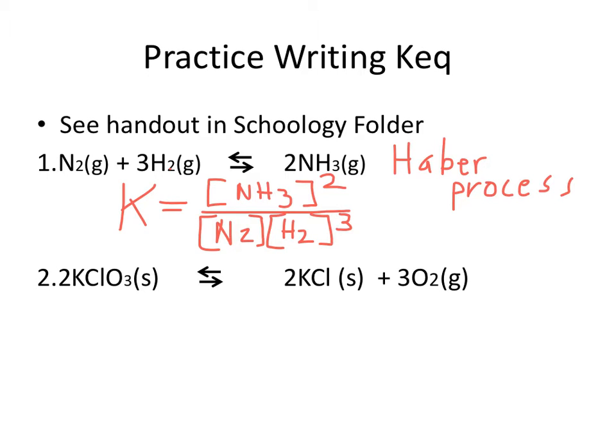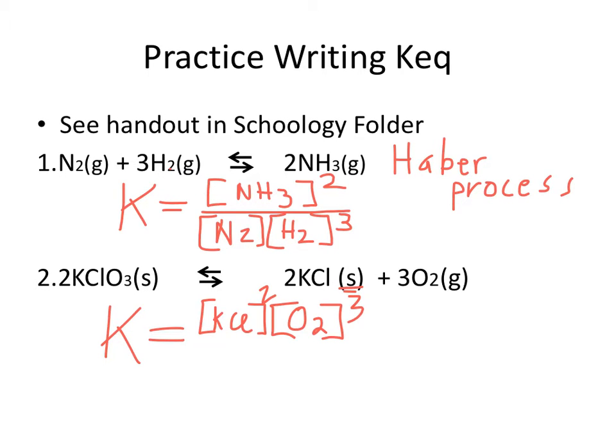Okay, number 2. We start with K is equal to products. Okay, so we have KCl. We make a note that it's a solid. Times oxygen. Oxygen's a gas. There is a coefficient of 3, so there would be a 3 here also.